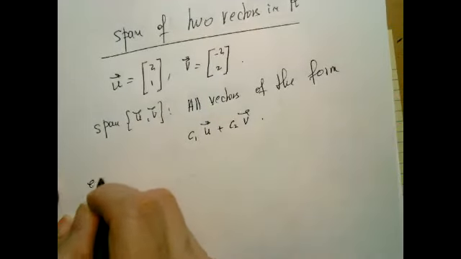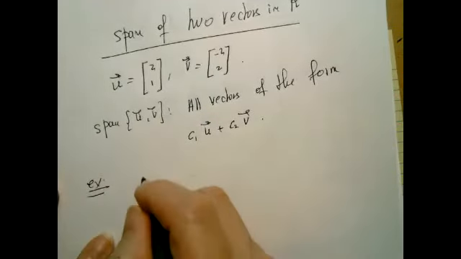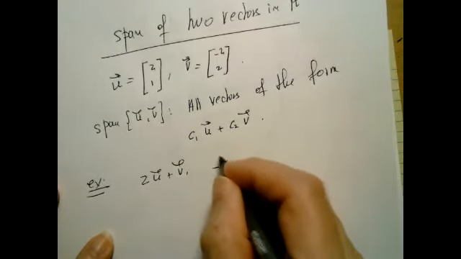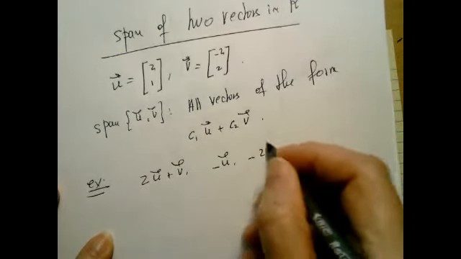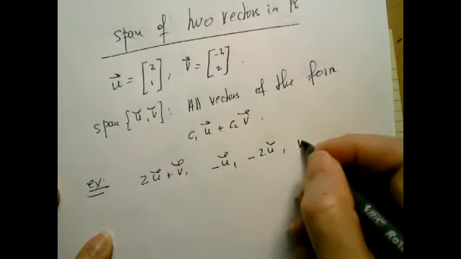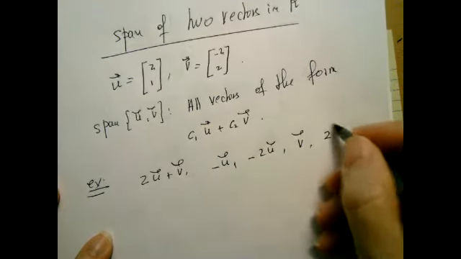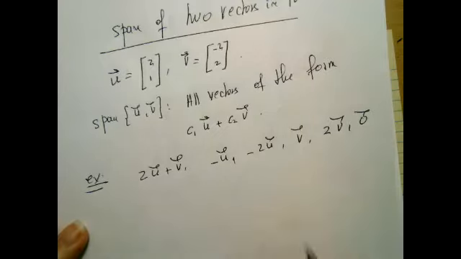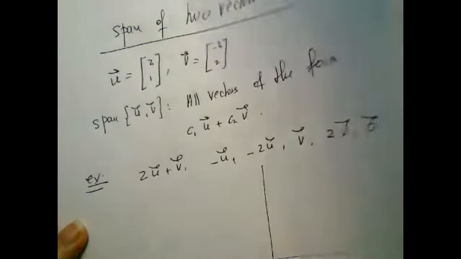So examples of vectors in the span: 2U plus V, minus U, minus 2U, and so on and so forth. V is in the span, 2V, the zero vector. There are tons and tons of them. So this problem is what we did at the beginning of the hour.